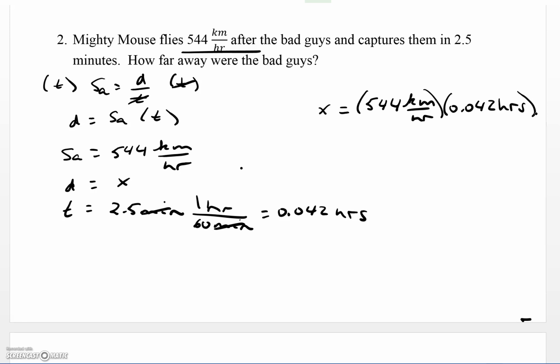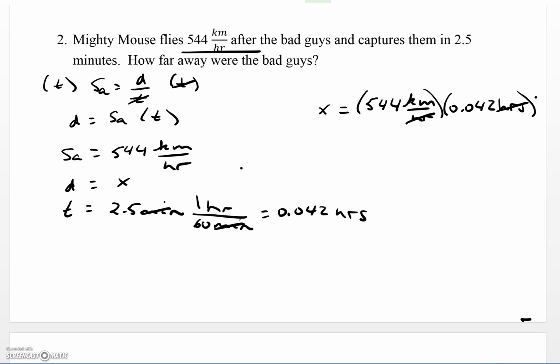Now, look at the units for a second. In our average speed, hours is in the denominator, and in our time, hours is in the numerator. Hours actually ends up canceling out the way we have the problem set up. We're left with kilometers, so we know we have our problem set up right.